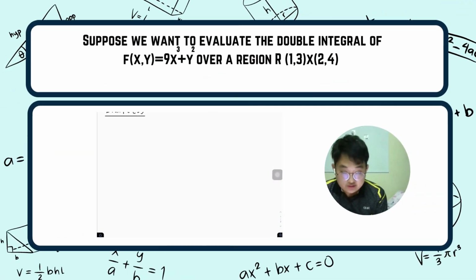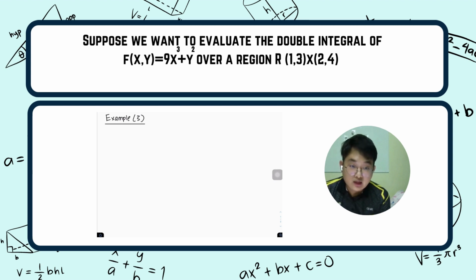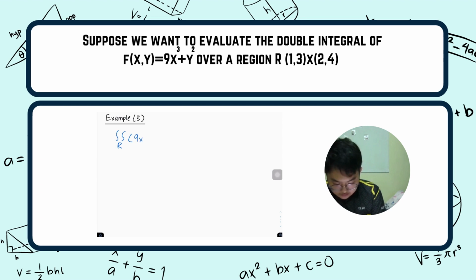For example 3, suppose we want to evaluate the double integral of f of x and y equal to 9x cubed y squared over the region R equal to [1, 3] times [2, 4]. So we can write it as the double integral over region R of 9x cubed y squared dA.